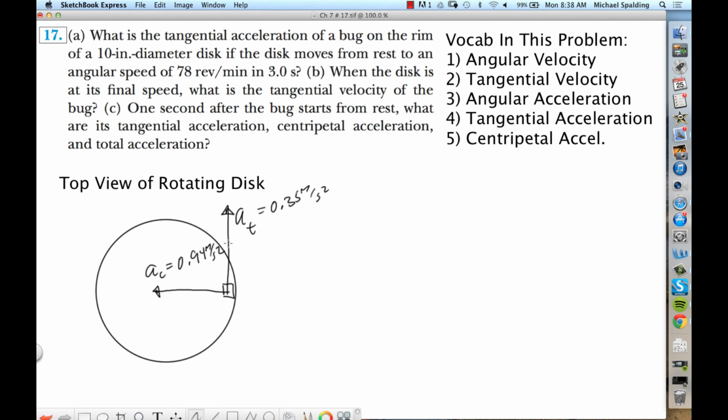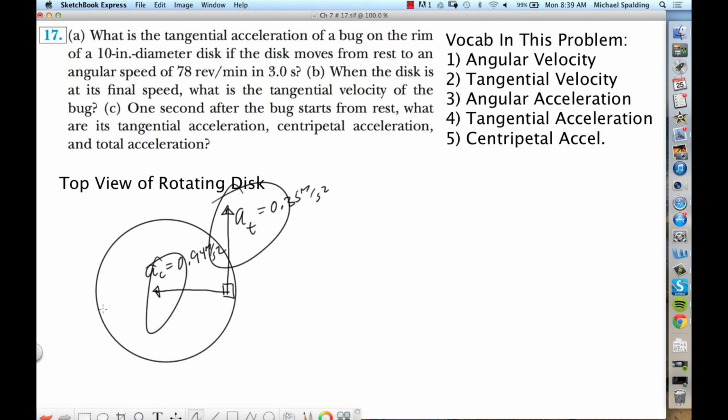How could we get the total acceleration? These are the two accelerations we have. We have a tangential acceleration and a centripetal acceleration. What does this look like to you? As a triangle.